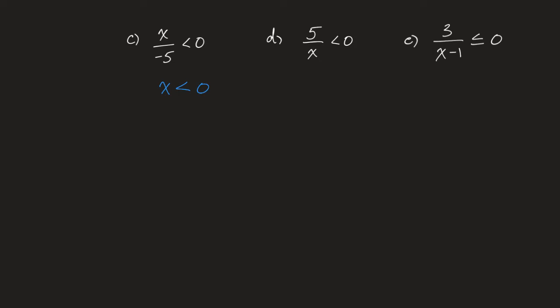So maybe we picked a value where x was less than 0. I'm going to pick a value of -1, and I go back and sub it into my original. I'm going to get now -1 over -5. That's 1/5. And when I try to compare that, my 1/5 is not less than my 0. And so I know I goofed.